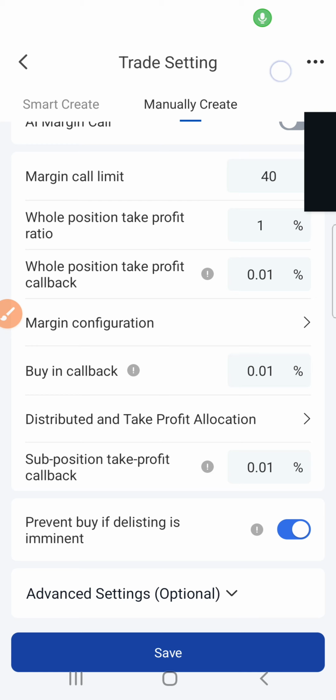Remember, if you don't set this callback very well, it will affect the way your robot responds. You can find you and someone having the same strategy, the same drops, the same take profit, even the same capital, but due to the way you're setting these callbacks, it can make differences in the profits you're making.